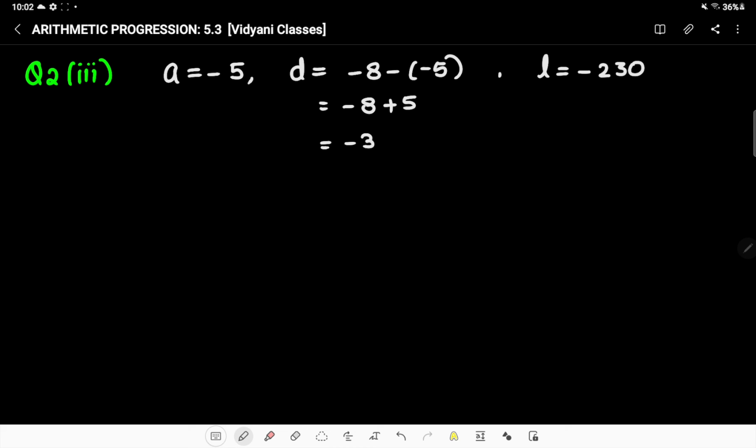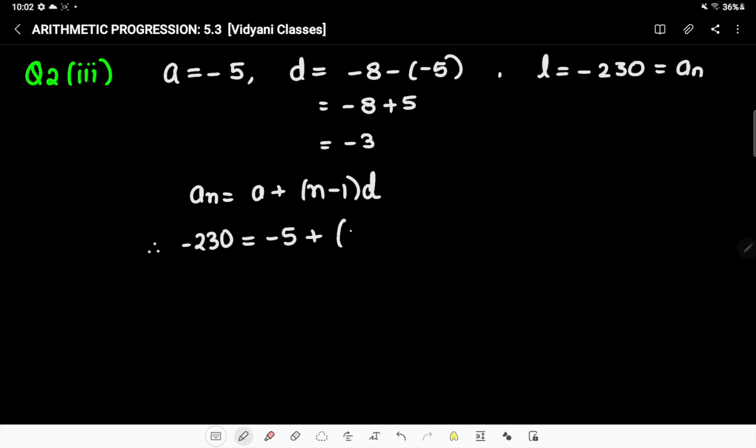So let us calculate. Again the value of n is not given. So first we calculate the value of n. You can use any method, for example, an equals a plus n minus 1 d. If you want to write l as minus 230, this is nothing but your an as well. Therefore minus 230, my a is minus 5, n we don't know, and d is minus 3.